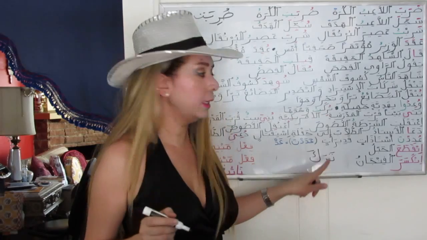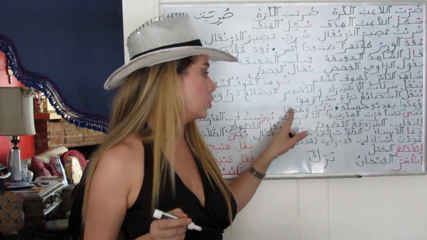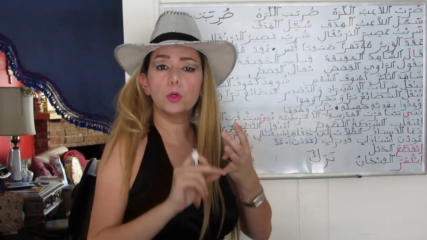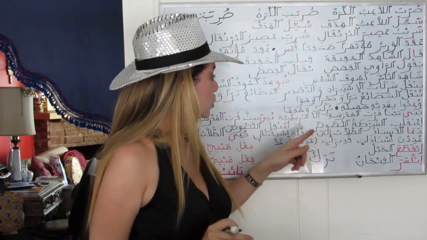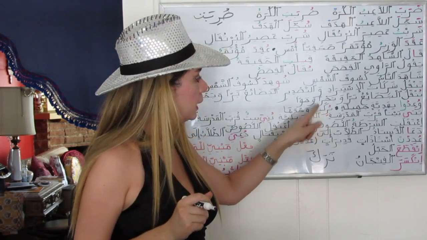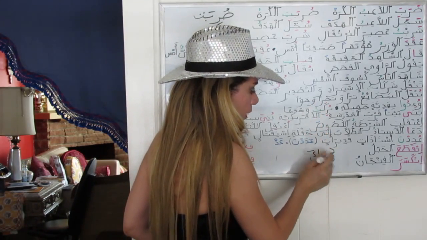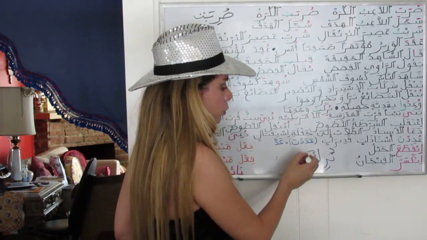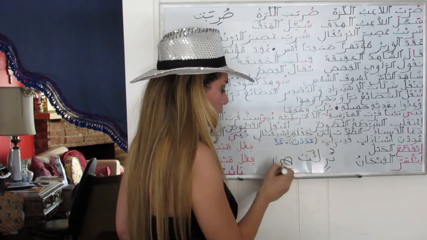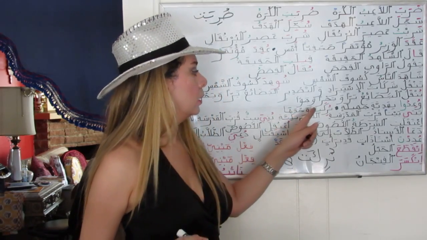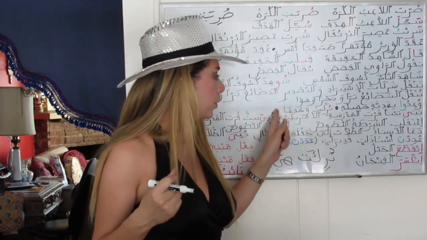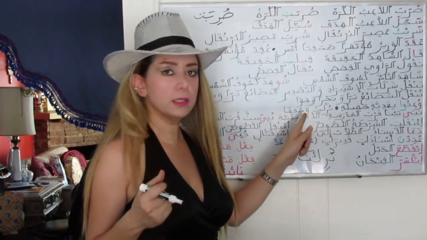Okay, ترك, to leave. تركت وحدها, since we are referring to the third person singular feminine, so the conjugation will be she, u-i-a. تركت, and we add the ta, referring to هي. هي means she. وحدها, alone. ها, referring to her. تركت, she was left alone.